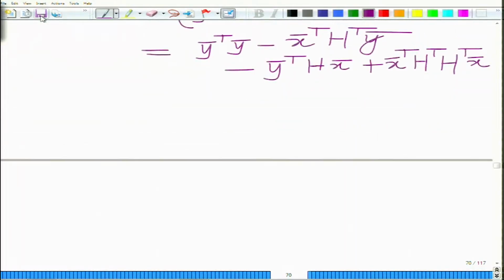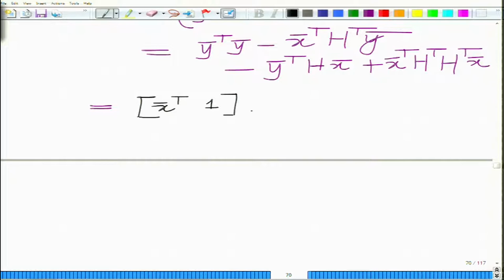Now here I am going to do something interesting. I am going to write this as follows, and convince yourself this can be written equivalently as x bar transpose 1.